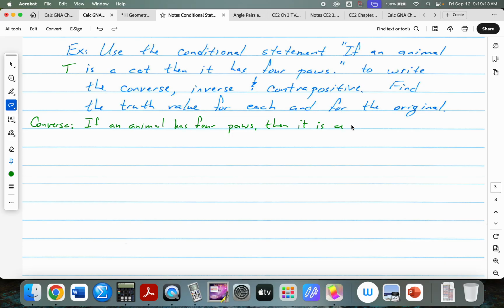Okay, prove it. Dog can have 4 paws. Yeah, this is false. Dog is a counterexample. A bear would be another counterexample. Lots of mammals.